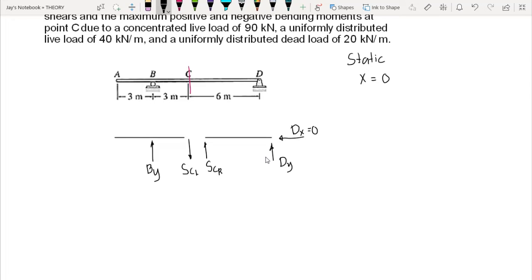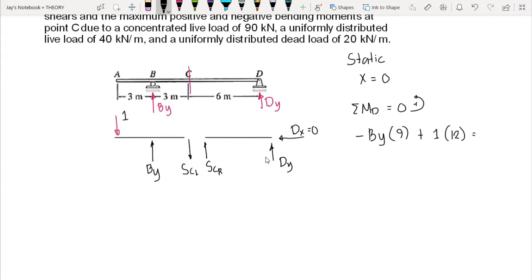Later we will also try to solve the influence line using the Muller-Breslau's principle. Okay, so when we place our 1 kilonewton or 1 unit load at A, when our x is equal to 0, then we compute for the shear just to the left of C and shear just to the right of C. We have to first sum up moments at D to compute for the reaction. So we have By times the moment arm, 9, that is the distance from D. This is negative since this rotates clockwise with respect to D. And then we have plus 1 unit load times the moment arm from D, which is 12.